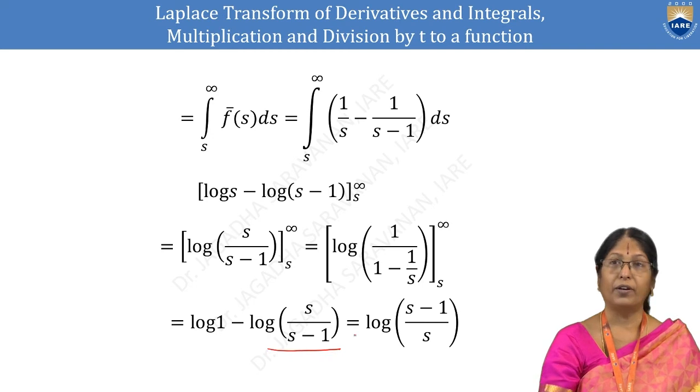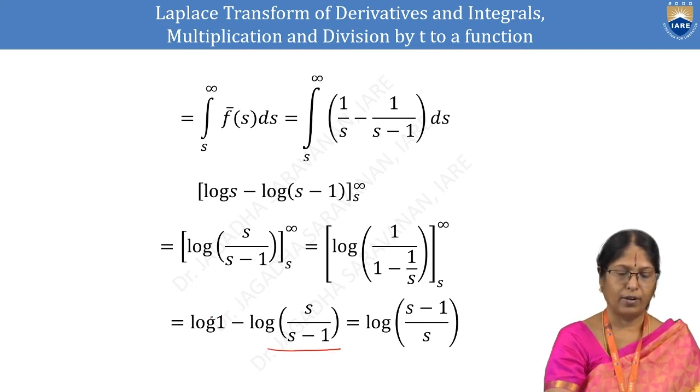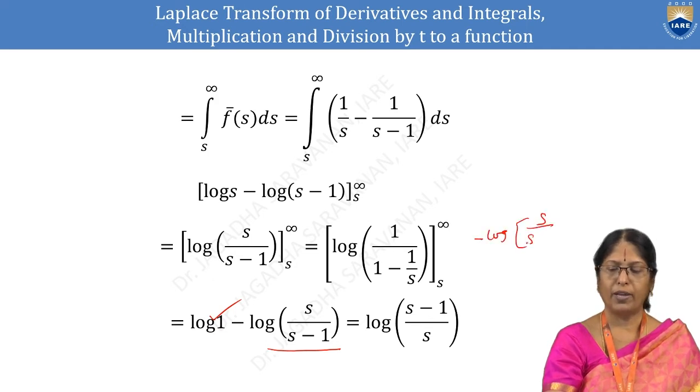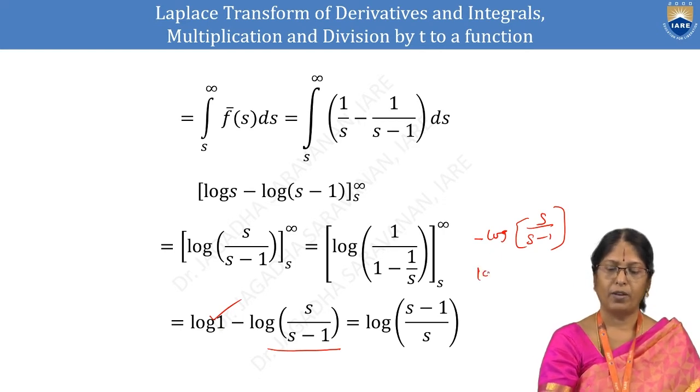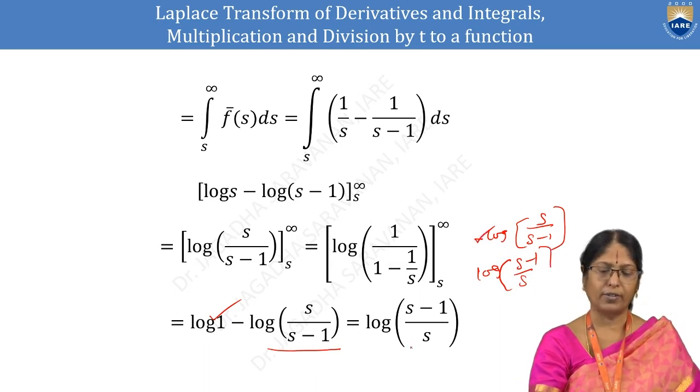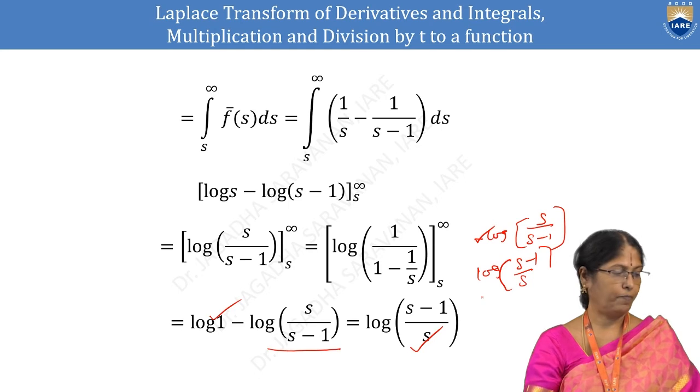So we got it here. Here, minus log of s by s minus 1. More simplification: log of s minus 1 by s. Yes, this minus is removed. That's what is written: the reciprocal.